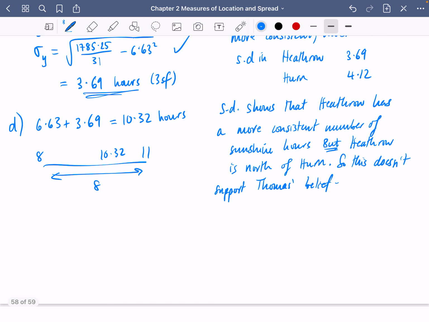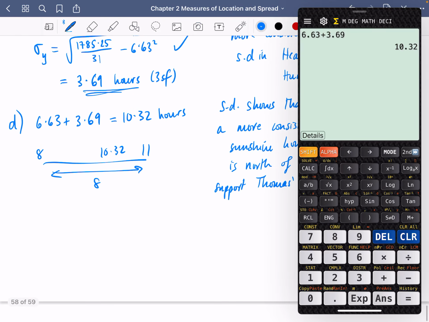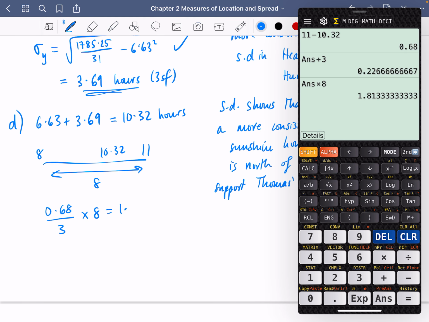So I need to find out what is 11 minus 10.32. What is 0.68 out of 3? I'm calculating the fraction up here, 0.68 out of 3 of 8. It is 1.81 days.